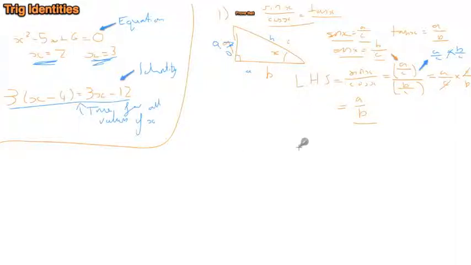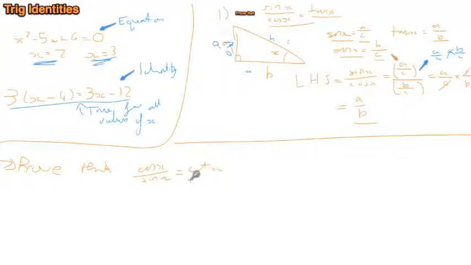Okay, cool. Move on to a second example. Prove that cos x over sin x equals cot x.